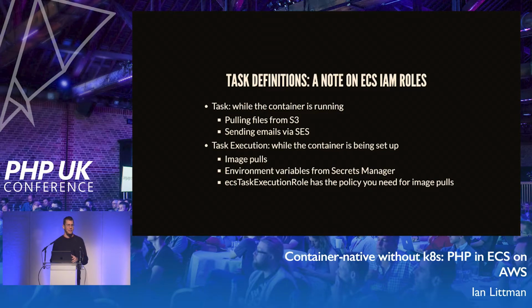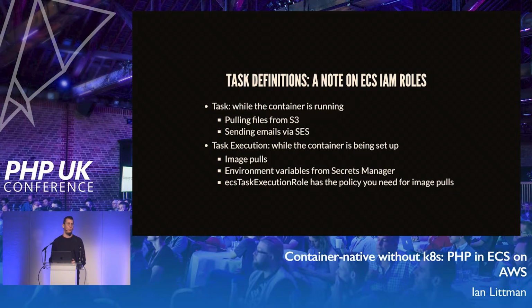By contrast, the task execution role is what the ECS runtime uses to build out the container in the first place, to pull the image, hydrate the environment variables, and then start running things. So you have two separate sets of permissions in order to get the container fully up and running and actually doing things. In our case, we won't assign any task level role because we don't call any other AWS services while things are running.